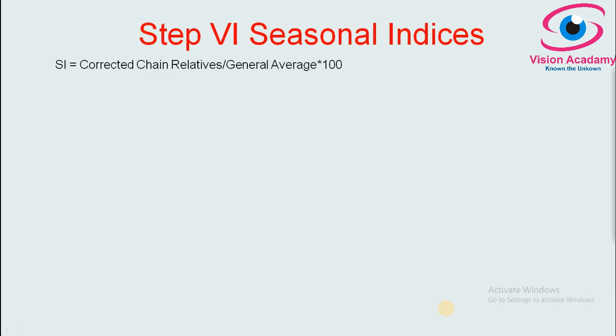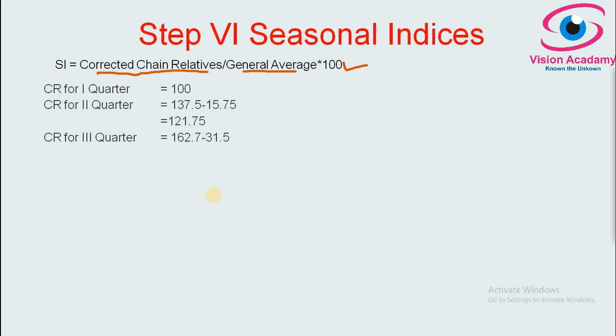I told you the formula for calculating seasonal indices. This is a different formula from the one we used to obtain seasonal indices in the other three methods of seasonal components. The formula is corrected chain relatives, which we obtained in step number 4, divided by the general average, which we obtained in step number 5, into 100. You will get the seasonal indices. For that we need the corrected chain relatives for each quarter, and the general average, which we found.